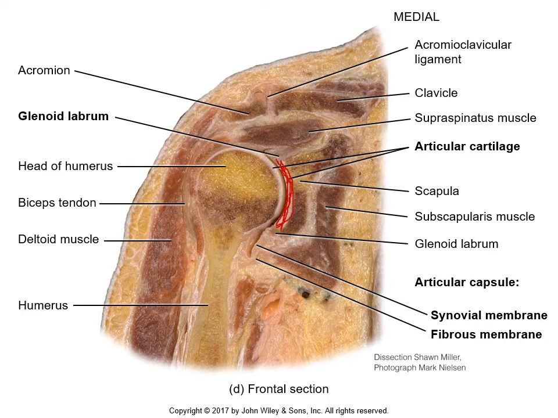It's not much more than if you cup one palm so you can hold water in it. That's a very shallow structure. Because of how shallow this is, that's why we have the increased numbers of ligaments, the glenoid labrum, all these increased structures to ensure that the humeral head stays in the glenoid fossa.